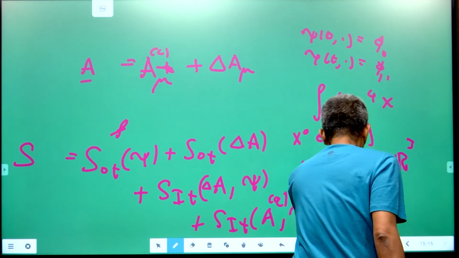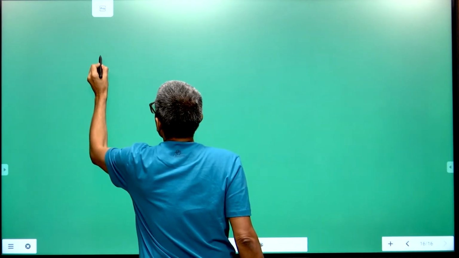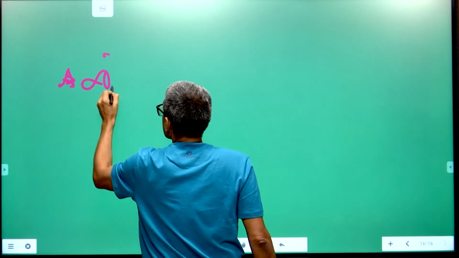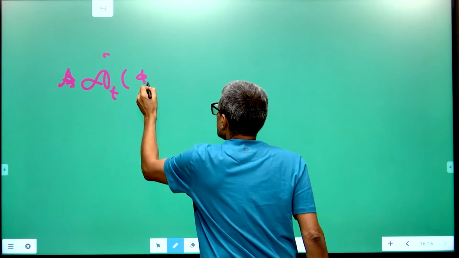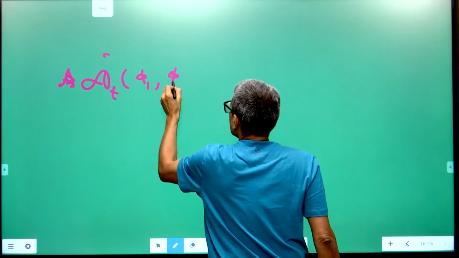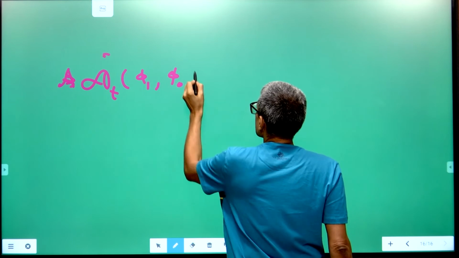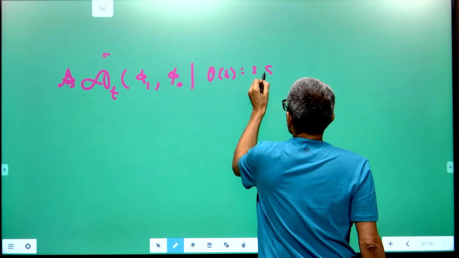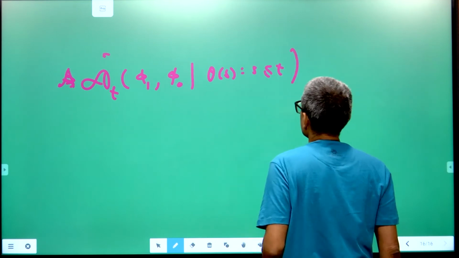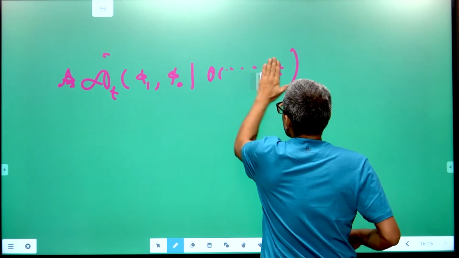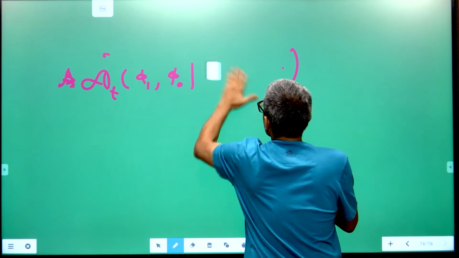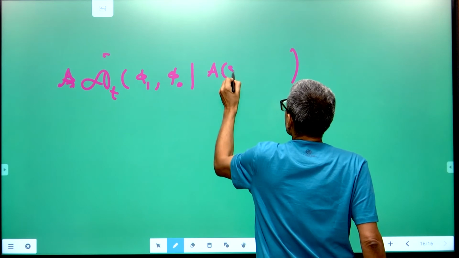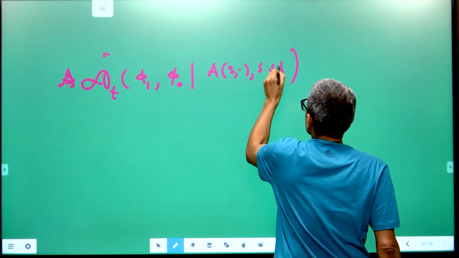So if you compute this transition probability using the path integral, what do you get? Transition probability amplitude, let us say you call it A_T, the final state is phi 1 for the fermions, the initial state is phi 0 for the fermions, given all the theta s, s less than or equal to t. And what are these theta s? Theta s are the control electromagnetic field terms, right. So the control electromagnetic field is A of s, s less than or equal to t.